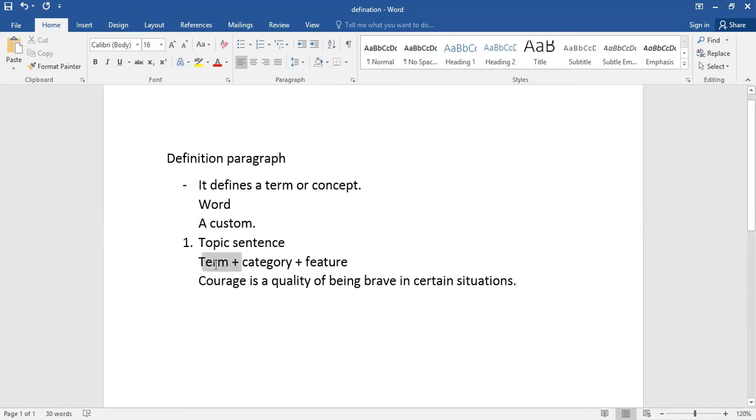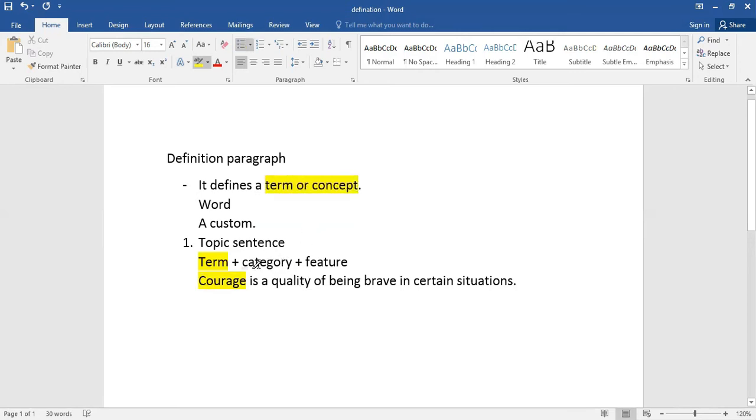If I divide each piece, then what is my term? My term is courage. So it is a concept or a term, courage.